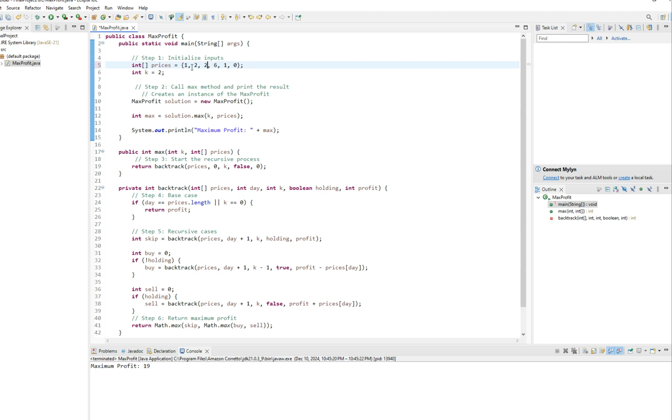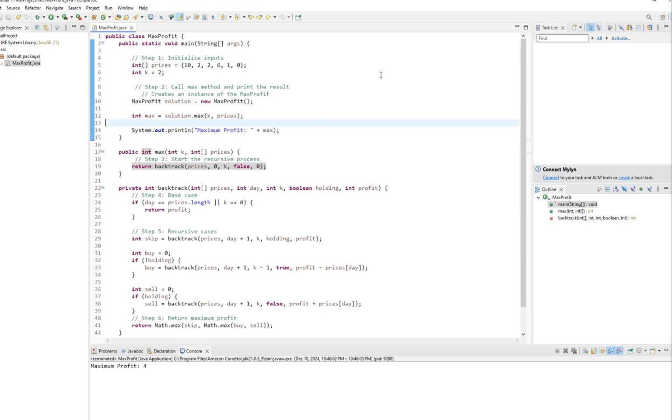I want something like a decreasing price. Let's do 10 here. So we are kind of testing. Yeah, 4. You see, we buy here, hold, sell, 4. We are lucky with number 4.